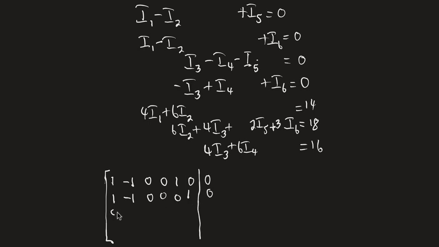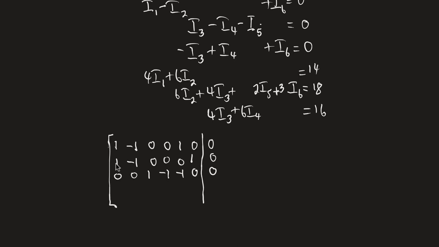And then I'll have 0, 0, 1, negative 1, negative 1, 0, 0. And then the final of the junction or node analysis. So we'll have 0, 0, negative 1, 1, 0, 1, 0. I'll probably have to make this a little longer.